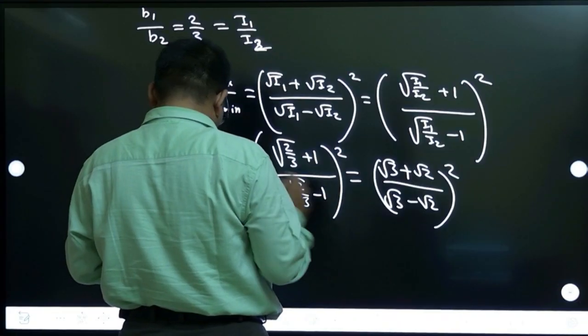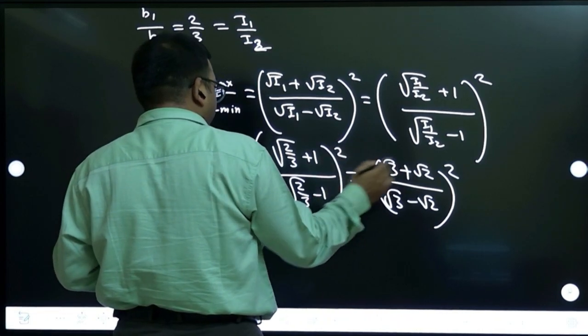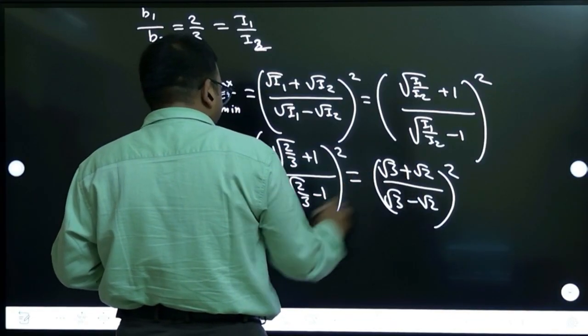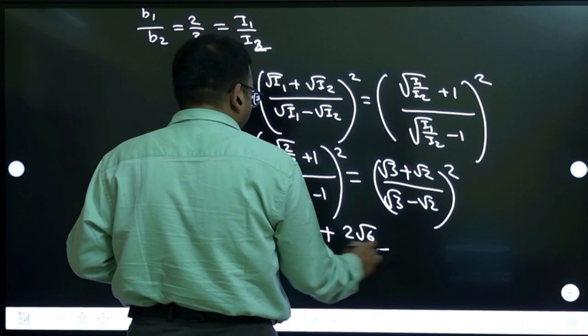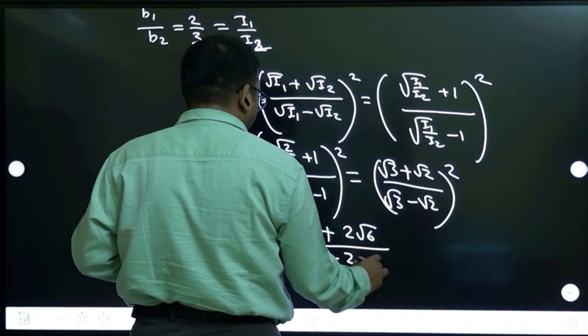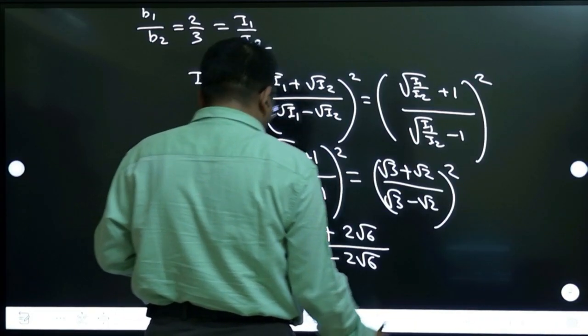I think what they are saying is 5 plus 2 root 6. Maybe open it as a square plus b square in the numerator and denominator. So a square plus b square is 3 plus 2, 5, plus 2ab, 2 root 6. In the denominator, a square plus b square here also, 5 minus 2 root 6. Right? That you check. Option second is coming, right?